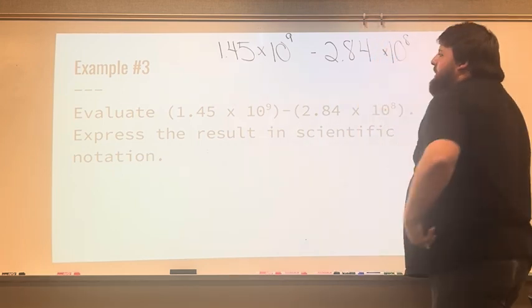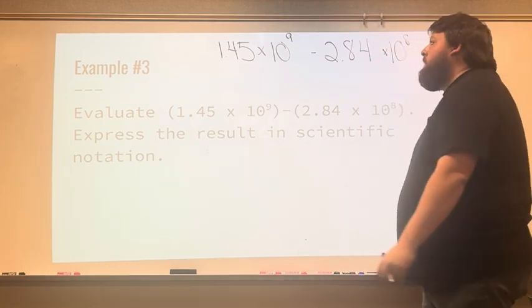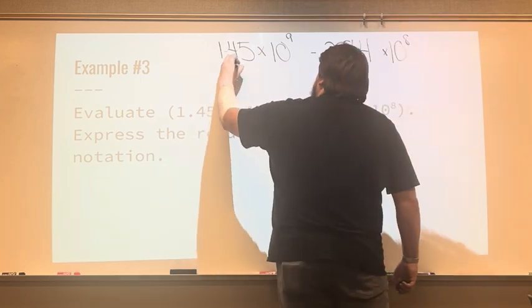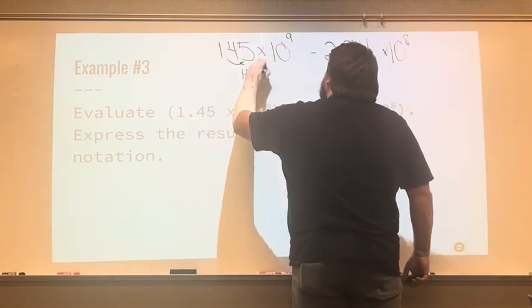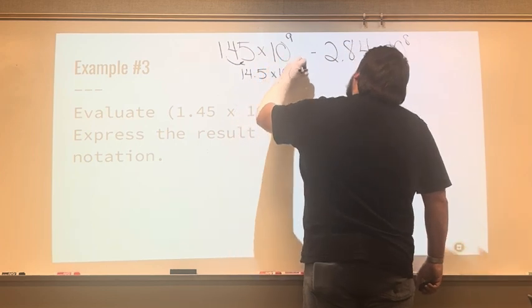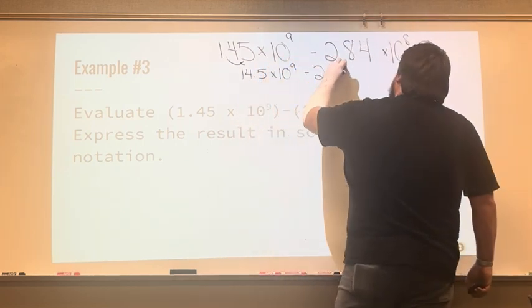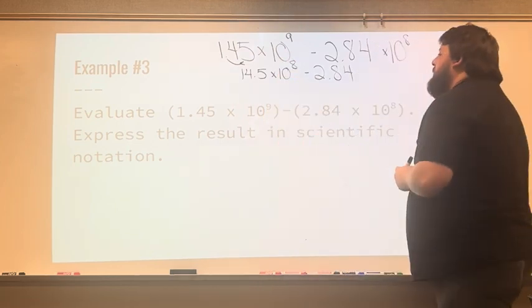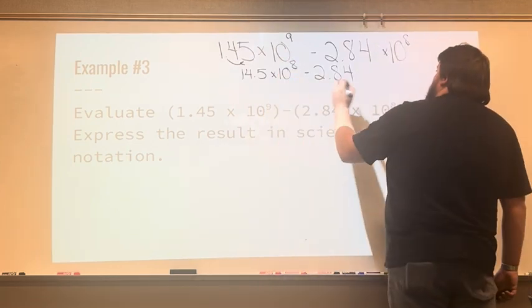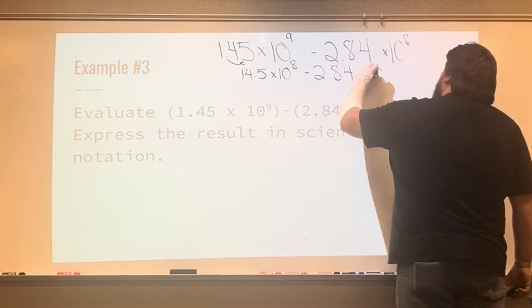There's a couple different ways that we could do this. What I'm going to do is move this to the right one and make this 14.5 times 10 to the 8th, which I know isn't proper scientific notation. So 14.5 times 10 to the 8th minus 2.84 times 10 to the 8th.